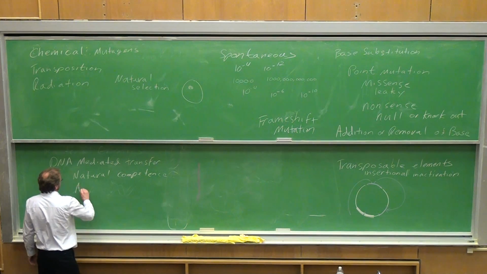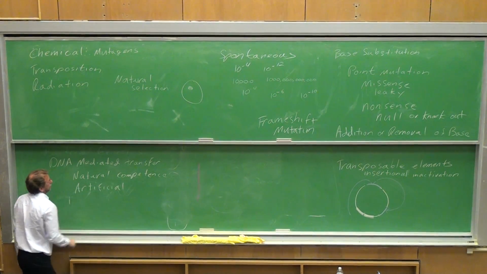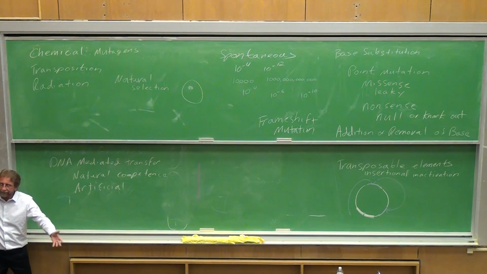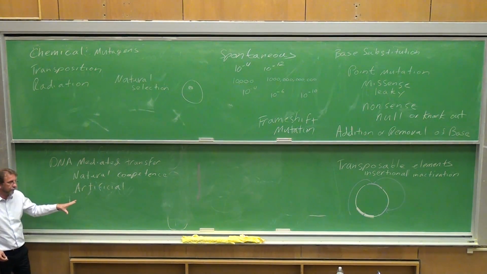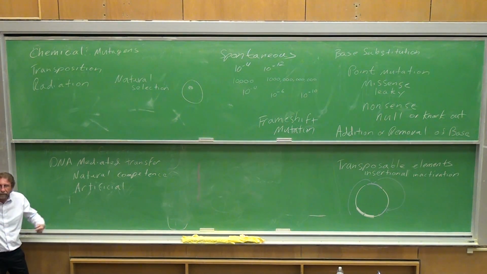We can induce this as well. Take some cells, put them in an environment where there's a bunch of naked DNA, and then shock them. With electroporation, they can punch holes into them. And so now you've got holes in the cell membrane, and that allows the DNA to move into the cell.